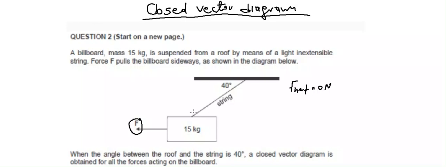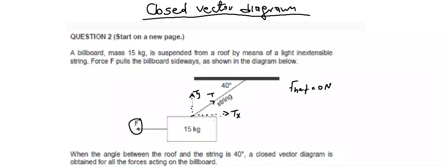F net of what? The resultant force vertical and the resultant force horizontal. If you look here, we have a force in the string which is known as the tension, which is going up. So there are components: the y component, which is Ty, and the x component, which is Tx.